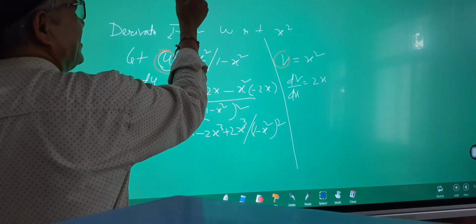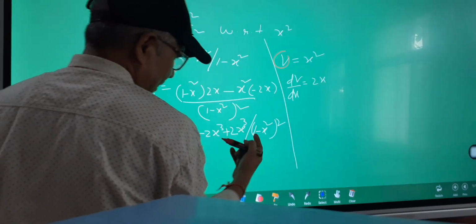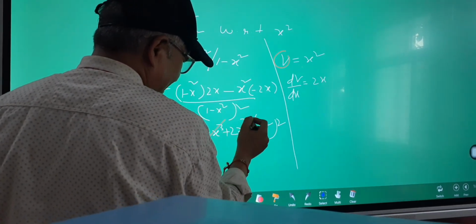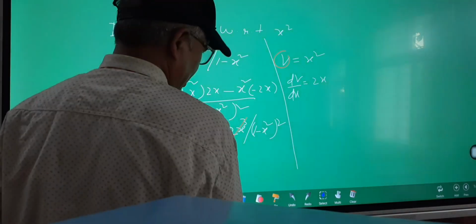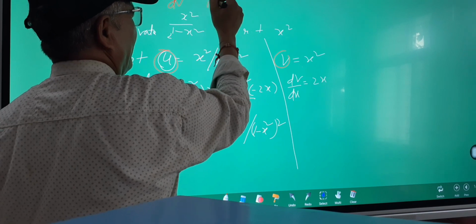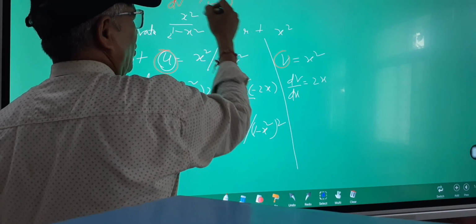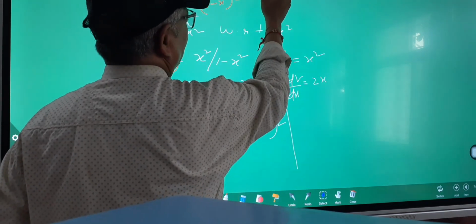So it is du upon dv is equal to u वाला ऊपर यानी ये. This is part of numerator. 2x will cancel 2x cube. So now what is left of numerator part? 2x upon 1 minus x square whole square divided by that is 2x.